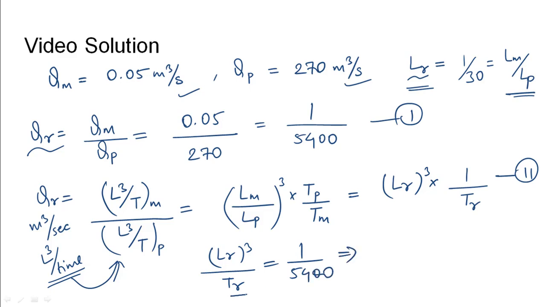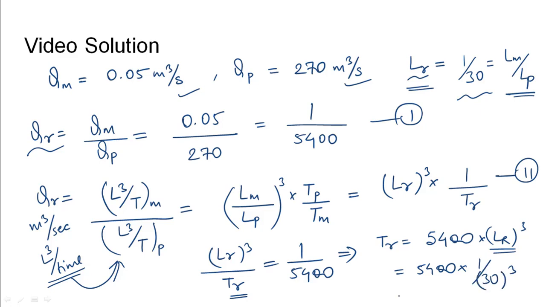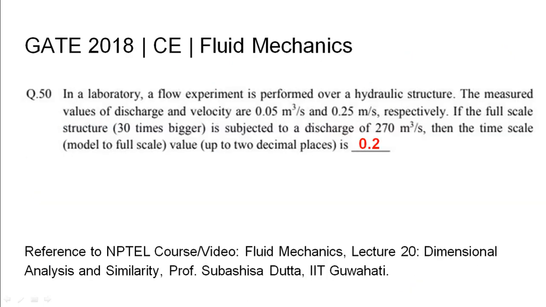We need to find the time ratio, which will be Tr equals 5400 into Lr cube, which will be 5400 into Lr, given as 1/30 in the question, as the prototype is 30 times bigger than the model. Substituting the value, we will get the time scale as 0.2. So the time scale value for the model was found to be 0.2.